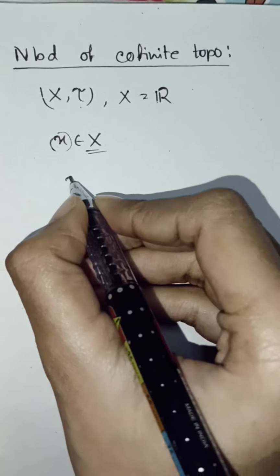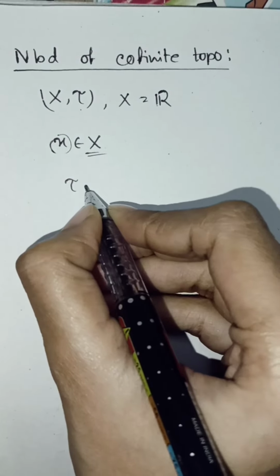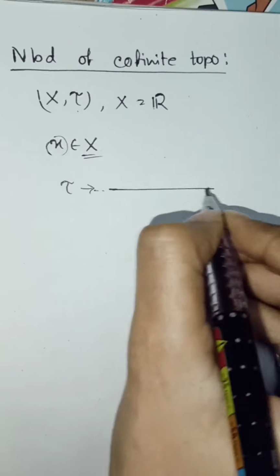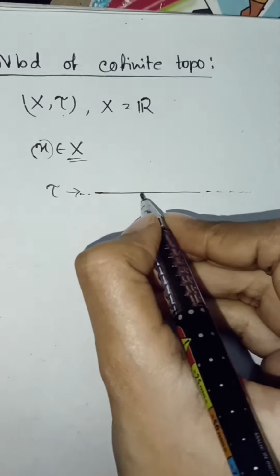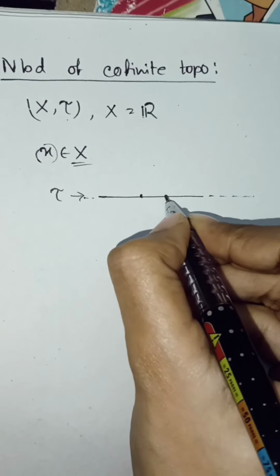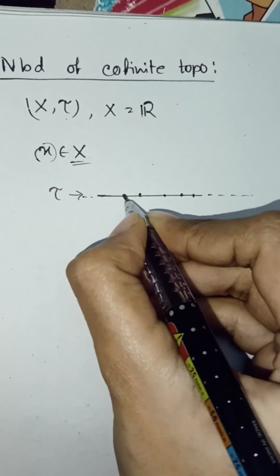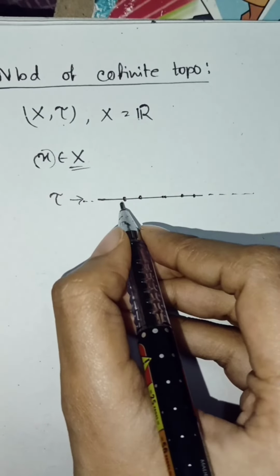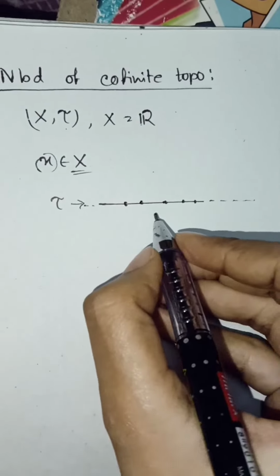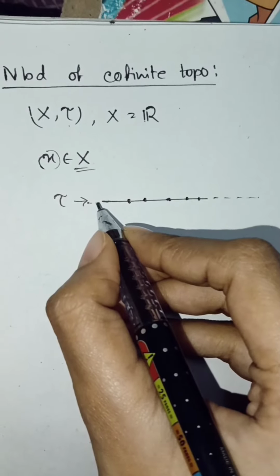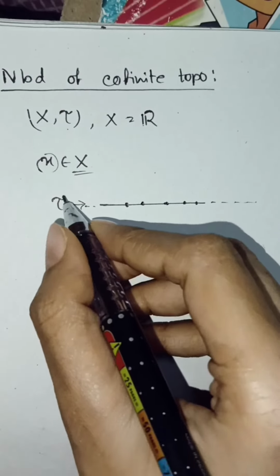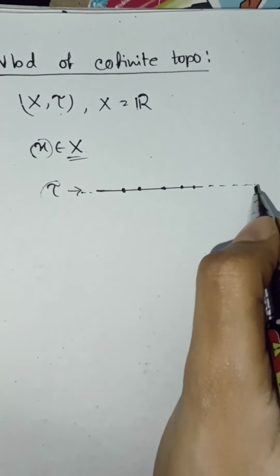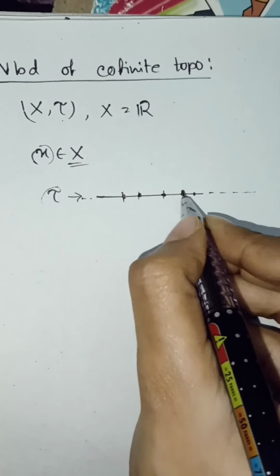Any open set lying in tau looks like the whole real number set excepting some finite number of points. So any open set of this topology tau will look like the whole real line excepting these finite number of points.